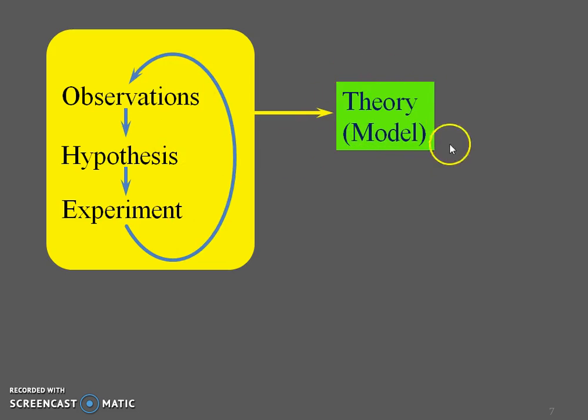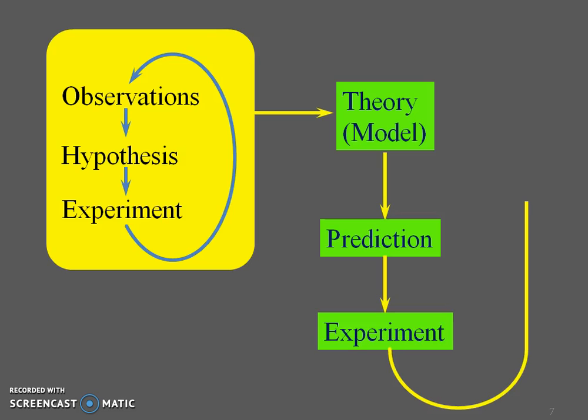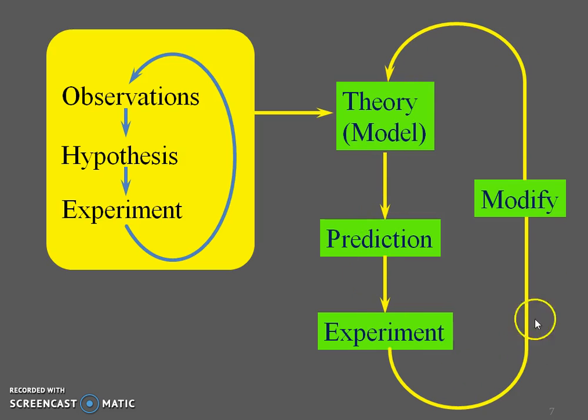Once that holds valid for many, many experiments, then a theory might be developed, a model per se. That theory is going to lead to a prediction, again to an experiment, which is also going to be modified, and then again a nice big cycle happens here. Eventually, possibly, it turns into a law.